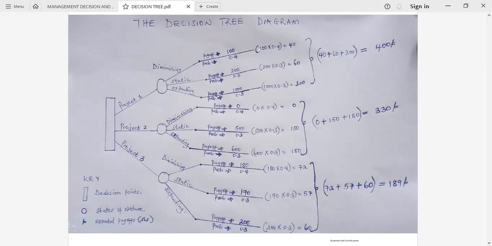So that means when you have to make a decision, or if you have to advise the organization on which project to undertake, or on which alternative to undertake, they will go with project 1, because it is the one that gives us the highest overall expected value of 400 shillings.